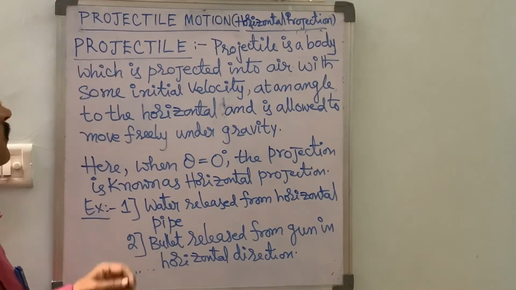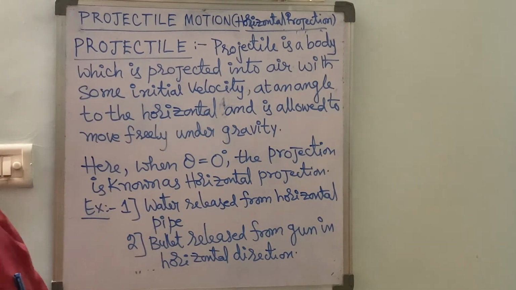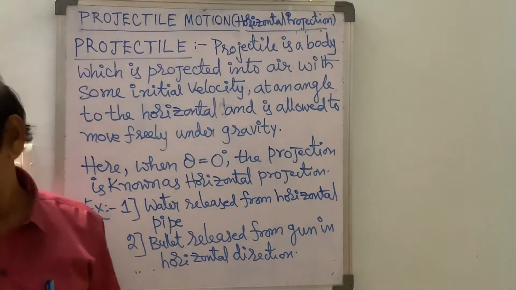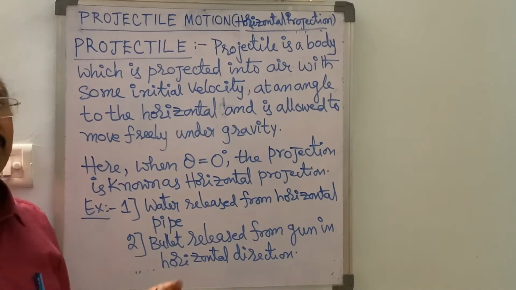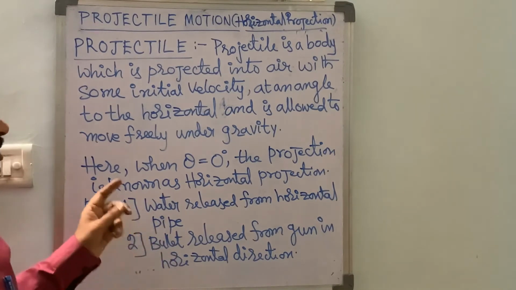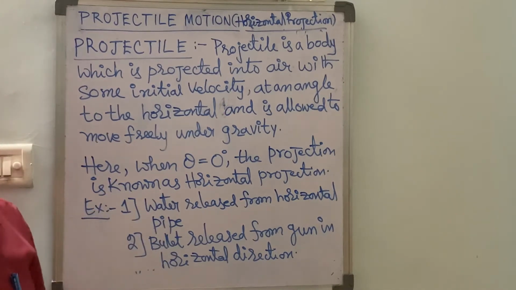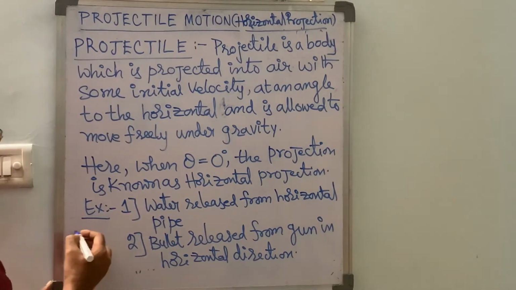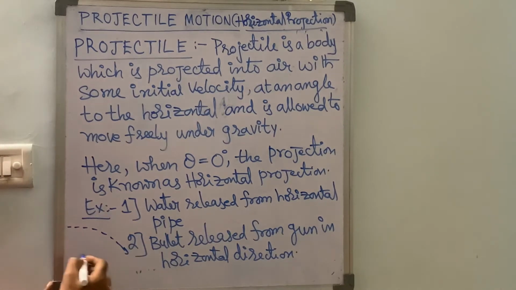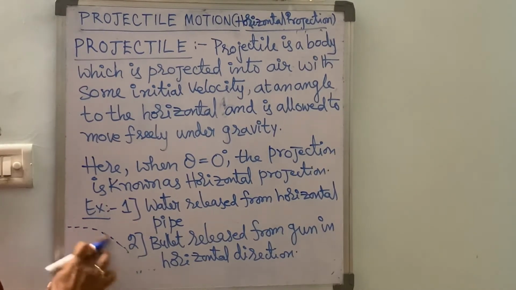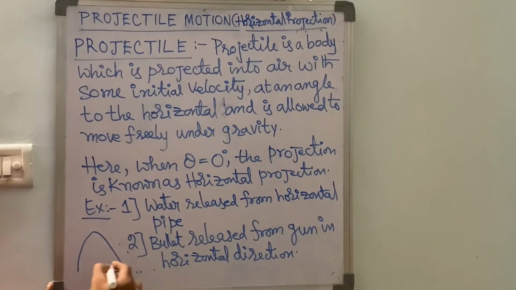And for oblique projectiles, when the body is projected into air with some angle to the horizontal, it is known as an oblique projectile. Here in this case the body falls like this to the ground, and in the oblique projectile case, the body is moving like this.